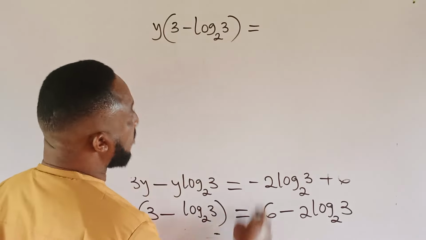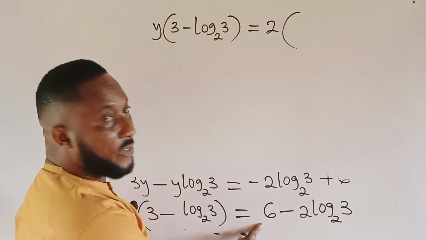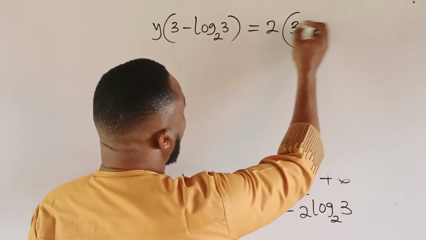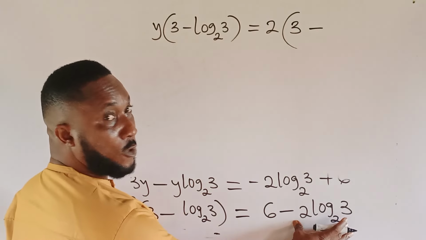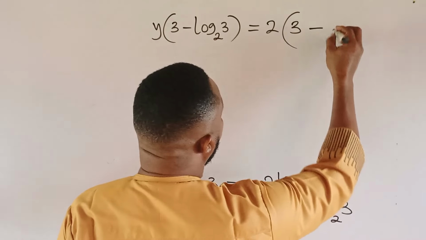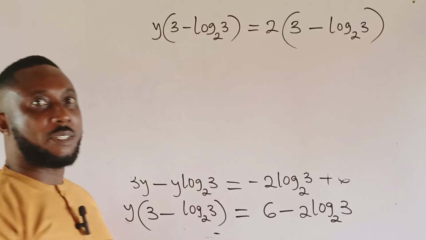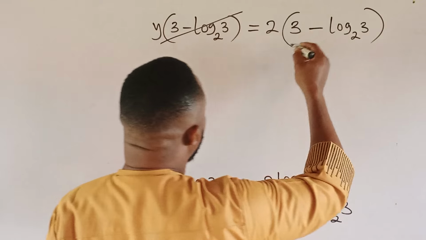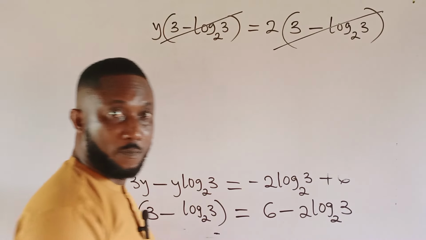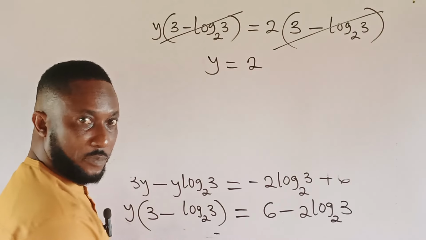I will factor out 2 here. 2, that will be, now, 2 divided 6, that will be 3. Then 2 divided 2 log to base 2 of the argument 3. Then we have log to base 2 of the argument 3. So guys, as you can see, this entire parenthesis, we annihilate this. So we are left with y equal to 2.